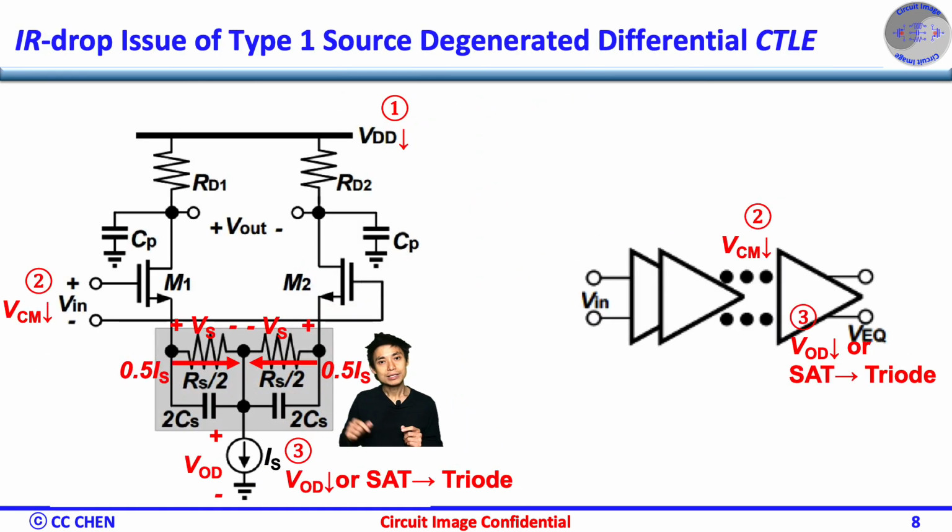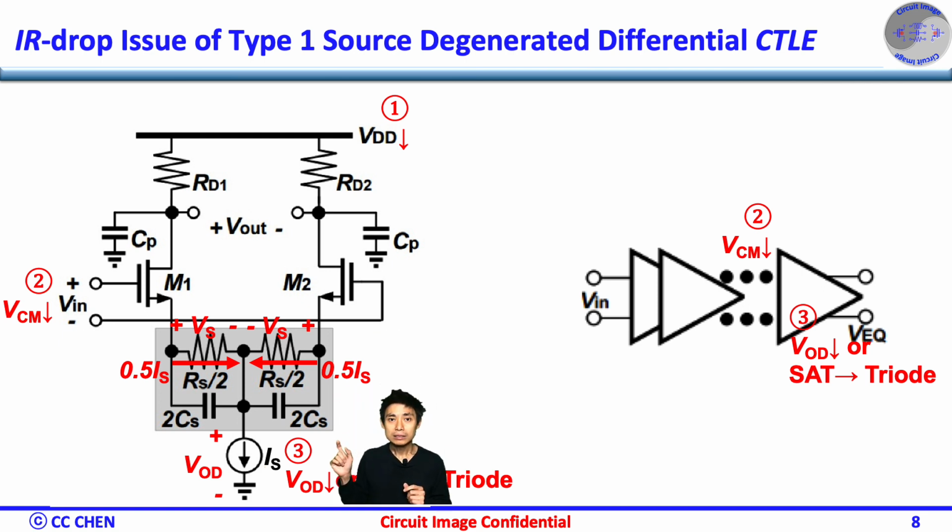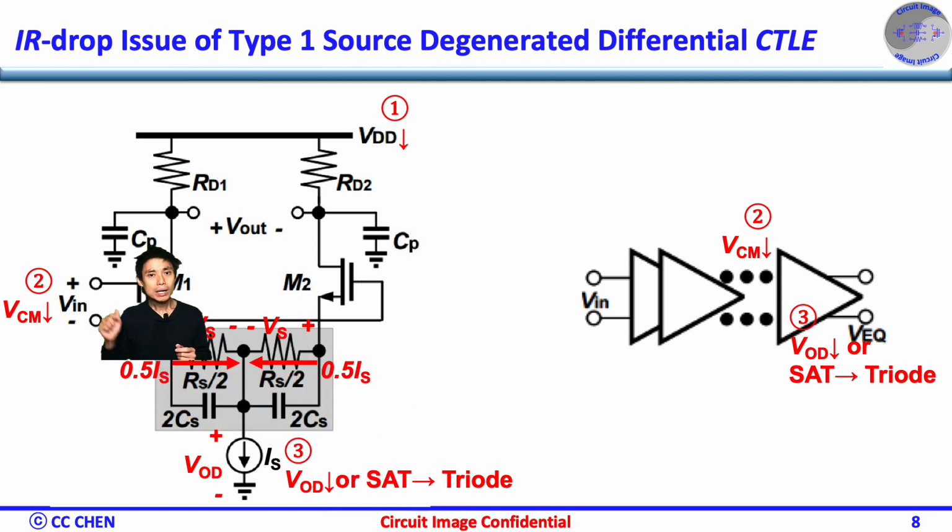Right, as you can see, the DC current of the current source will flow into the RS, and the IR drop of the RS divided by 2 times IS is in addition to the required overdrive voltage of the current source. Therefore, the minimum input common mode voltage of type 1 source degenerated CTLE should be increased.